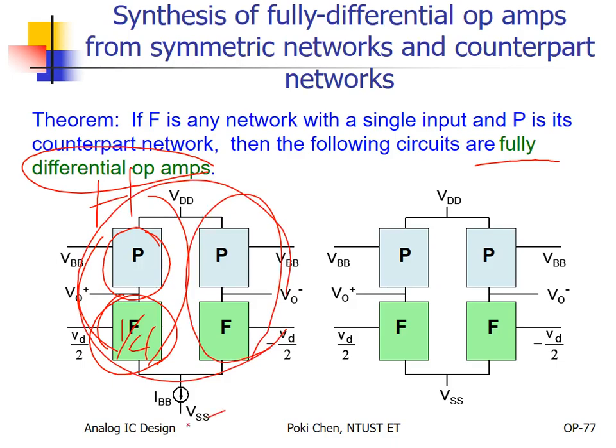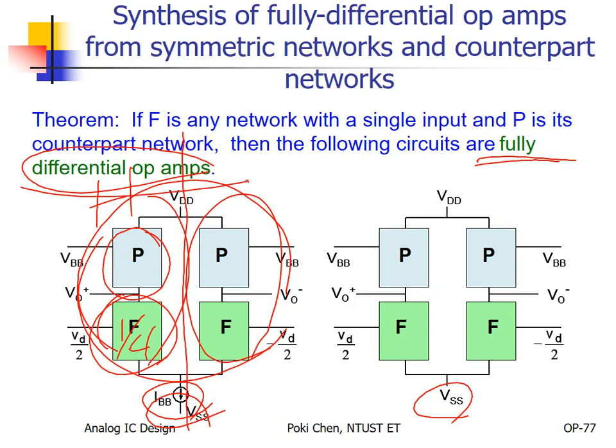Overall, you apply in the middle. I mean, you apply your bias, never mind bias current or bias voltage, to the axis of symmetry. Then you can compose the fully differential op-amp. That's it. No other secret.